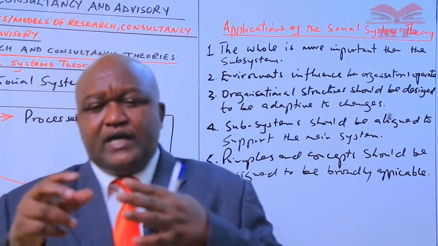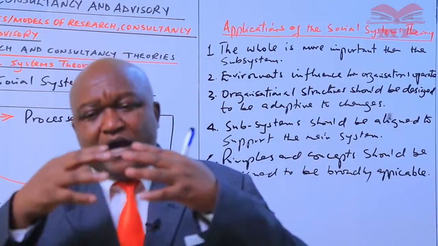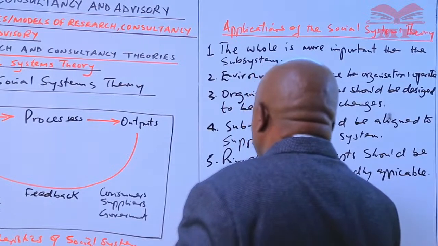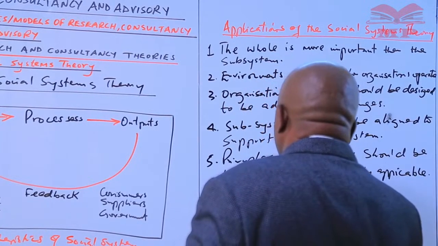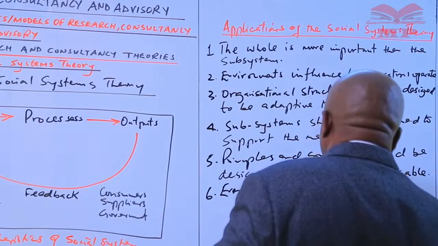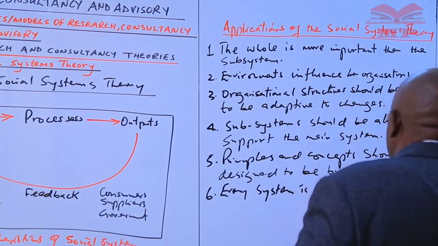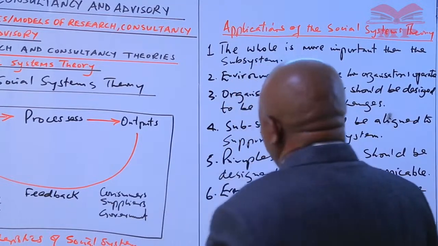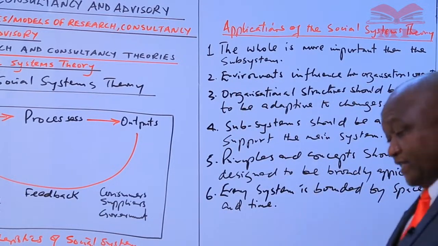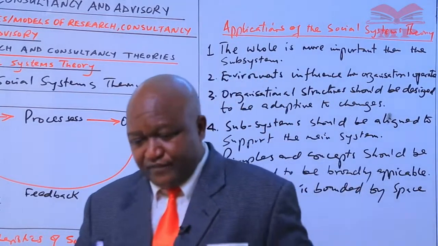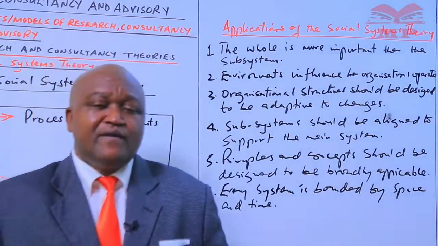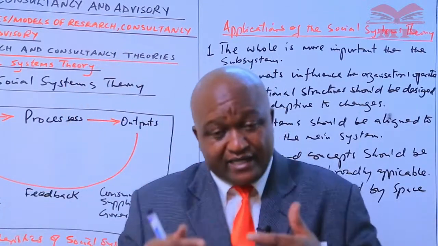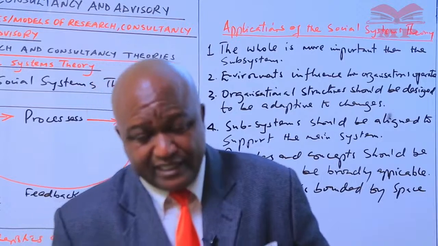Then it is also important to ensure that when it comes to the social systems theory, every system is bounded by space and time. So at any one given event, if the system is supposed to receive, for example, input, then that input is expected to come at a particular setting.